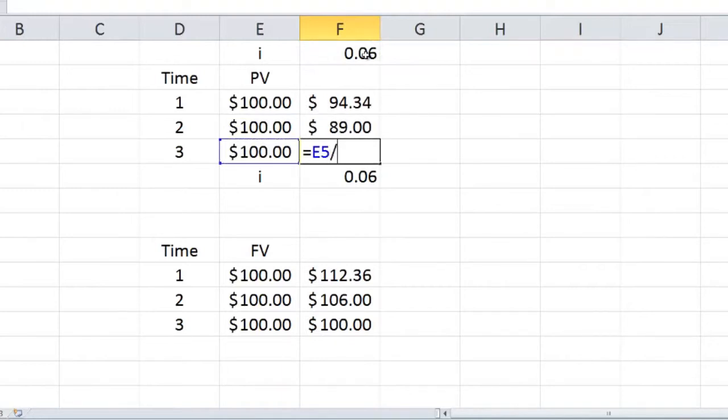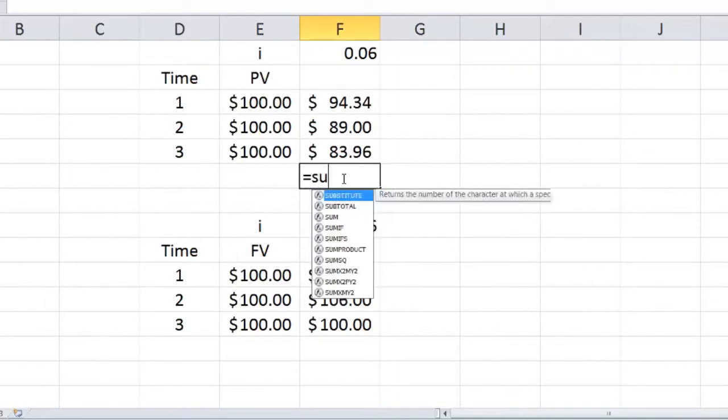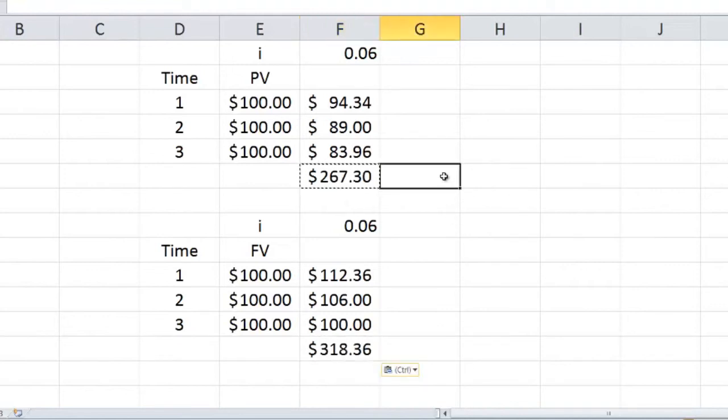And here we're going to divide it by 1 plus the rate to the third. So we can sum these up and get our total present value of this annuity. And we can do the same thing to get the future value of the annuity.